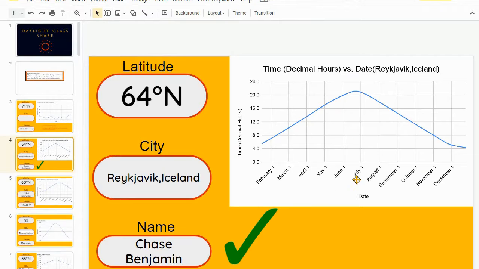So notice that on all of these graphs in the northern hemisphere, June 21st right here is the longest day of the year.